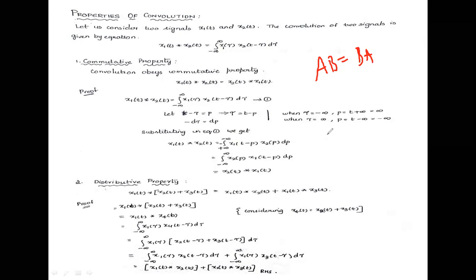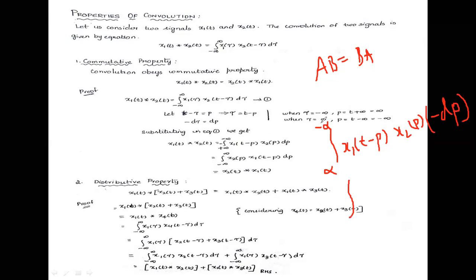Now, when I substitute, x1 of tau becomes x1 of t minus p, and x2 of t minus tau is x2 of p. And d tau is equal to minus dp.